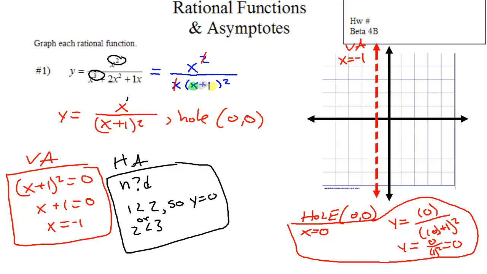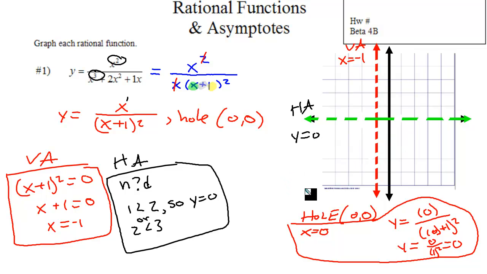Let me draw that real quick. Should be dashed once again. Horizontal asymptote, y equals 0.